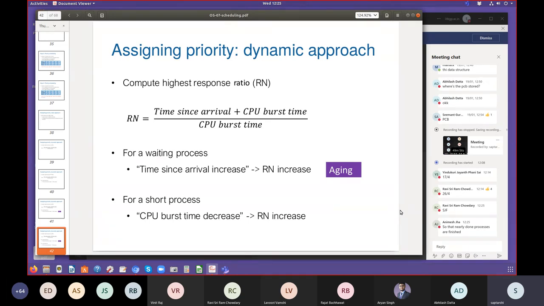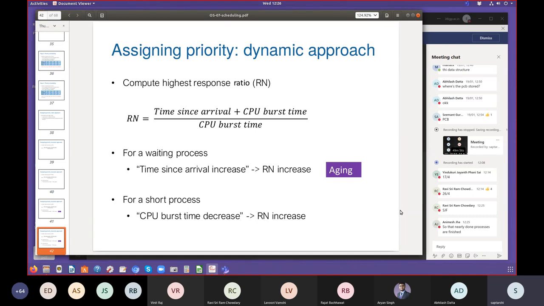If a process has only a small next CPU burst, increase its priority a bit, because it's a nearly done process. Maybe this process has already executed for a long time and only a small CPU burst remains. Therefore, just increase its priority and let it execute. So yes, the idea is a bit like SJF in this part, right?